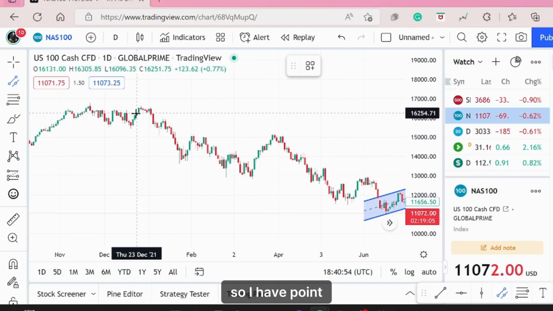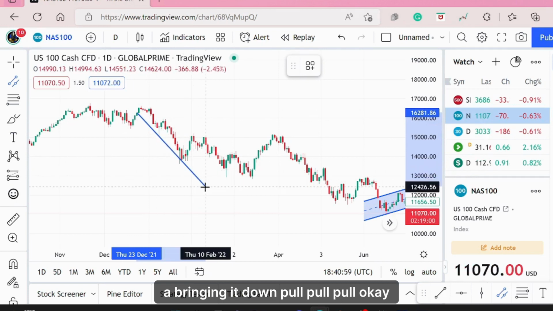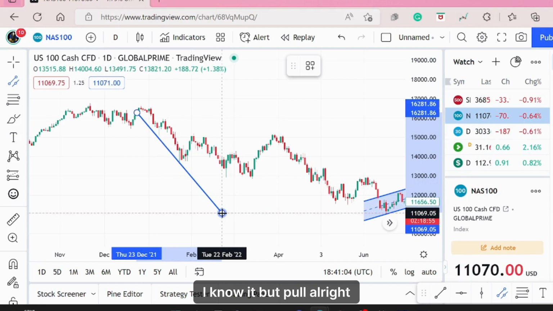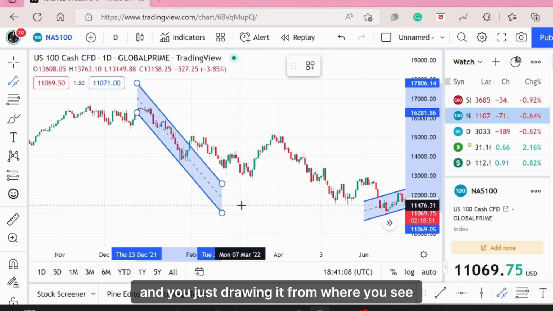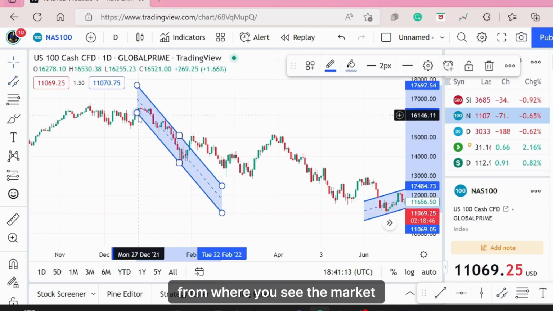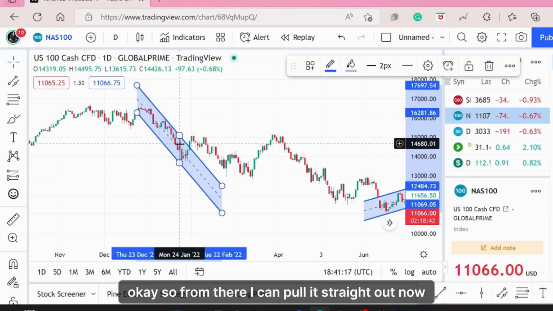So I have point A, bringing it down, and pull. I know there's nothing down there, I know it, but pull. Those are my first 2 points, and you just draw it from where you see the market starting the downtrend. So from there I can pull it straight out.